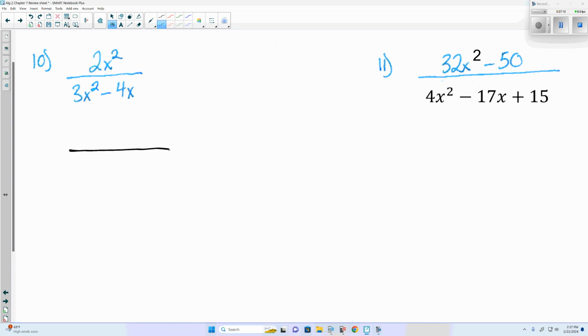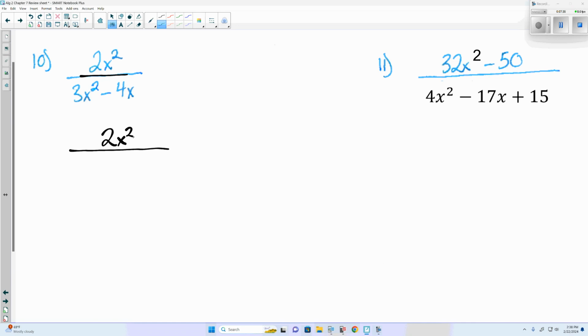Will it factor? How many terms do we have? 1. So it is just 2x squared. Because we could break it up to x and x, but single term, it's not factoring.